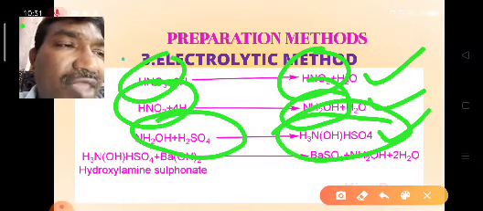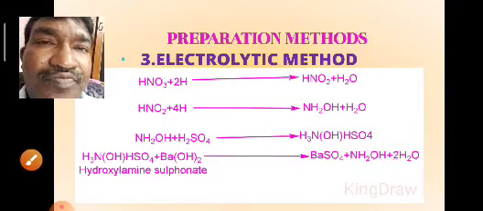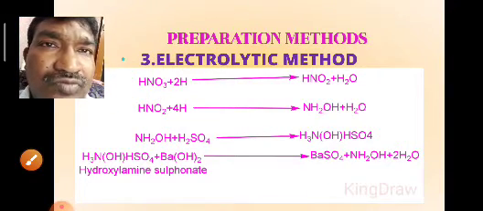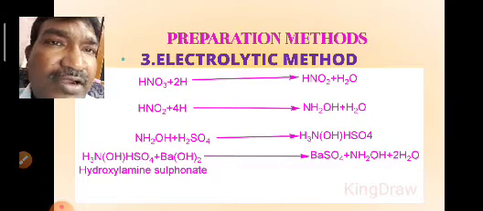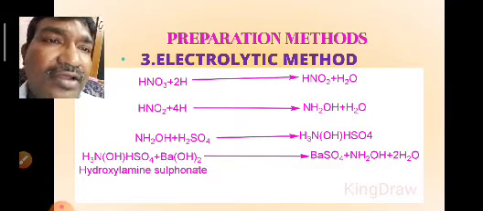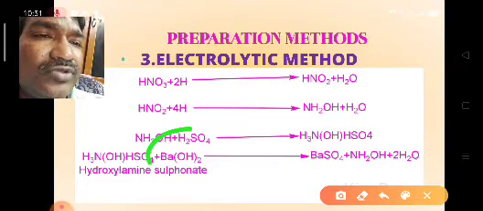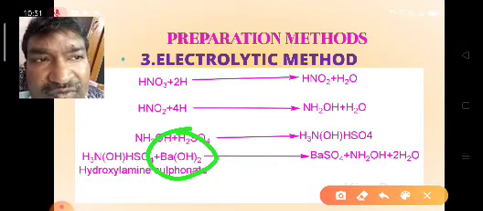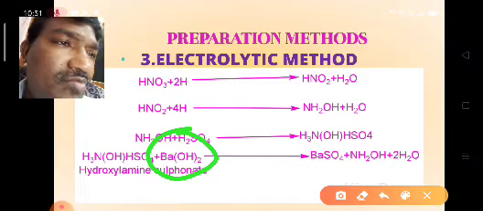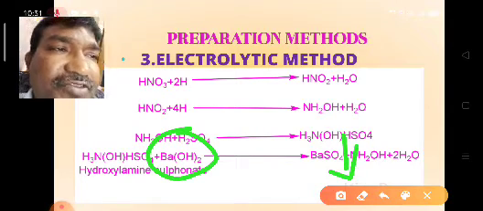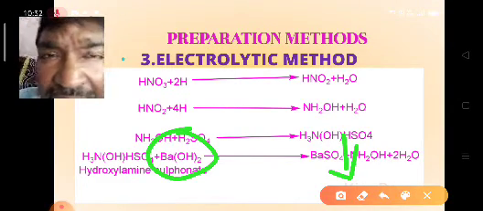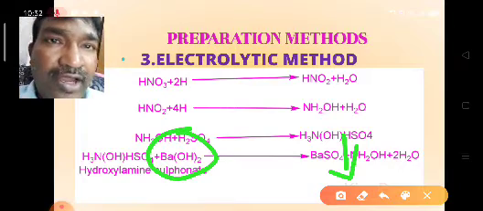And as we learnt in the first method, the hydroxylamine is separated from the hydroxylamine sulfonate. Barium hydroxide aqueous solution is added to that one. As a result, barium sulfate precipitates out, and we get the aqueous solution of the hydroxylamine.